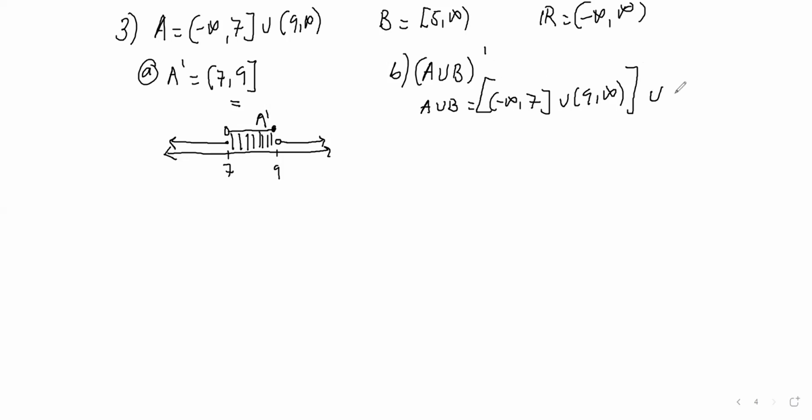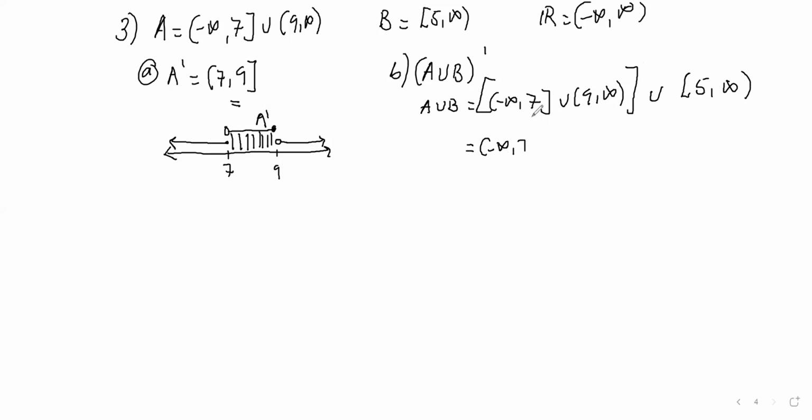Union B. So B is 5 to infinity. Like that. Union means everything. So we pick from negative infinite up to 7.